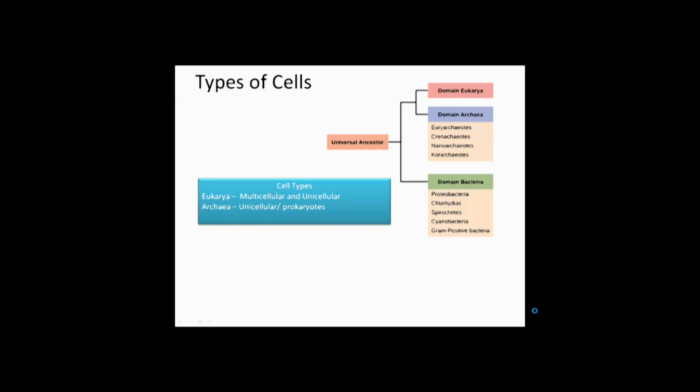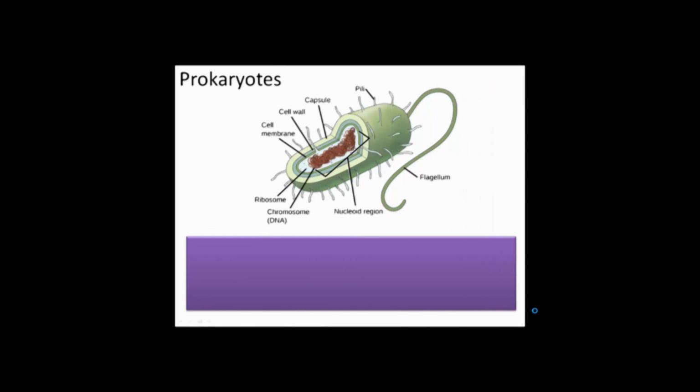They don't have any normal biochemistry. They may have some normal pathways, but most of these are known for doing some really unusual biochemistry, metabolic pathways. And then Bacteria, these are your unicellular prokaryotes that are your everyday bacteria. We find them everywhere. And when we talk about bacteria, these are the ones we're mostly talking about.